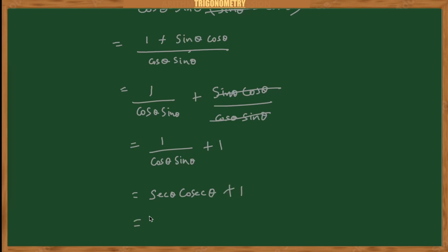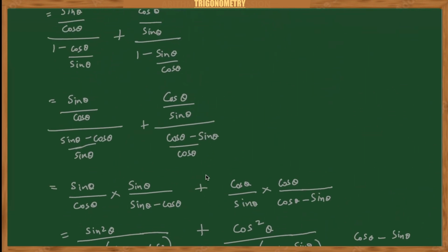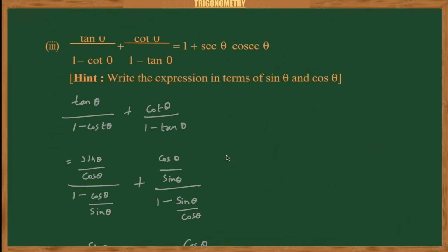So is this our answer? 1 plus secant theta into cosecant theta. So this is the right hand side. Hope this is clear, students. So we put it in 1 plus secant theta into cosecant theta.